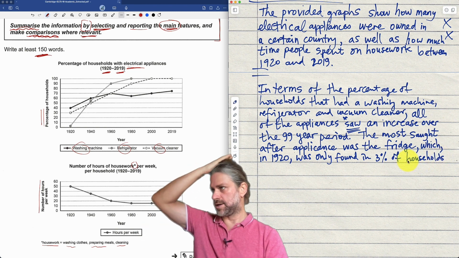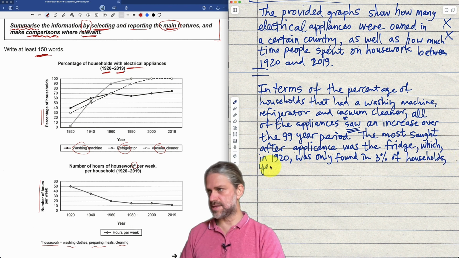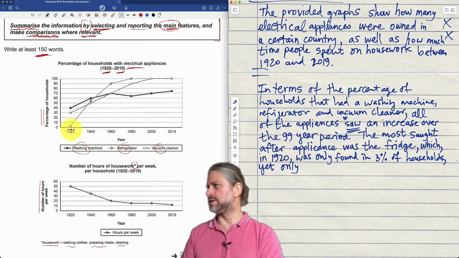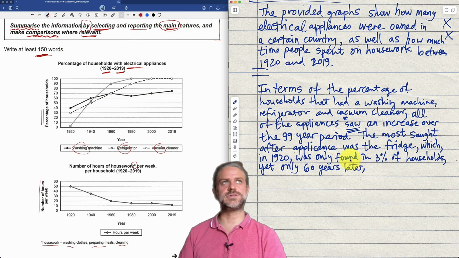Okay. Which was only found in 3% of households. Yet, or however, yet, only how many years later? 1920 to 1980 is 60 years. So yet only 60 years later, it was a feature of the home.